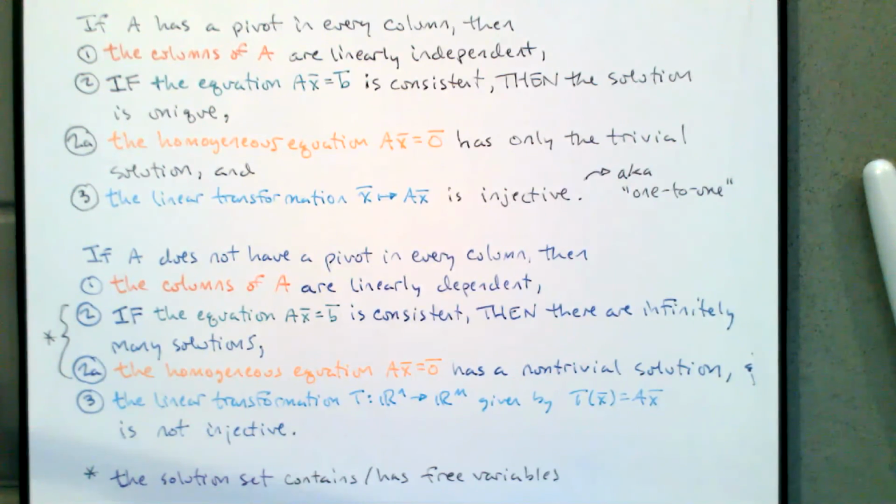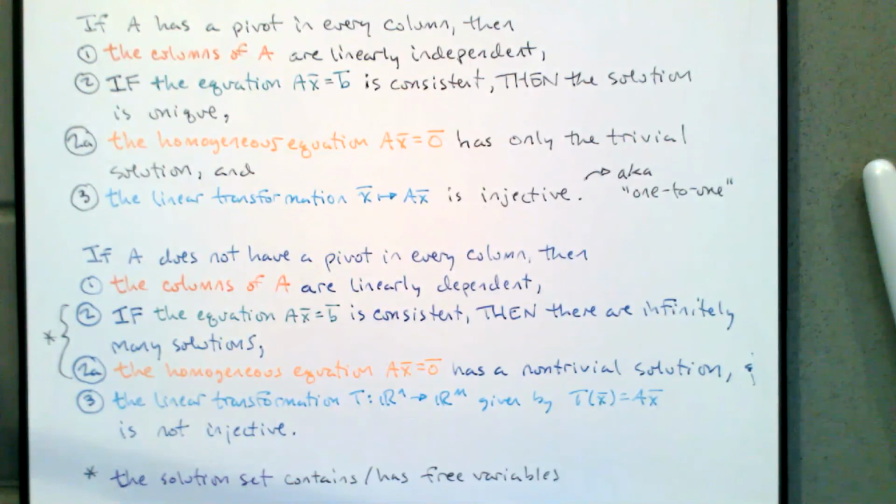So at that point, you either need to demonstrate one of the non-trivial solutions, show that a non-trivial linear combination of the columns of A is equal to the 0 vector, or just observe that A does not have a pivot in every column. Once again, pivots are going to be the observable thing. That's going to be the easiest thing that we can observe and then base our conclusions on.